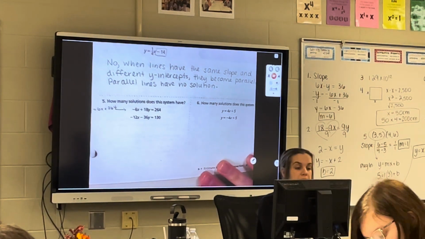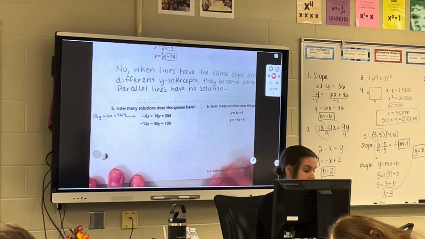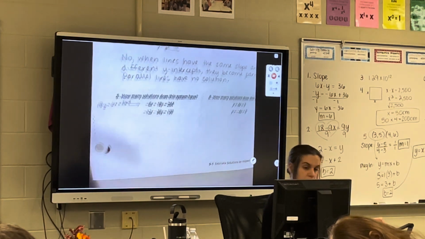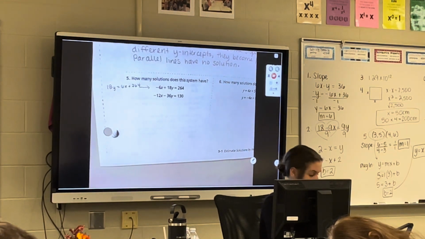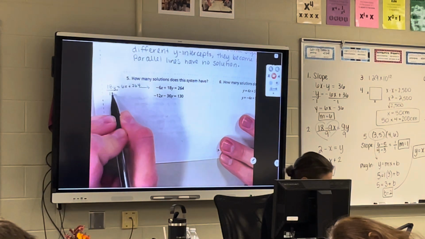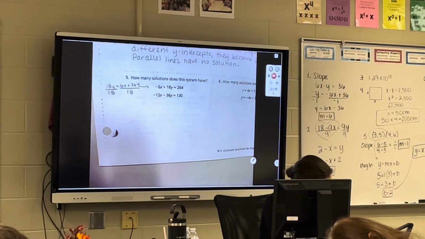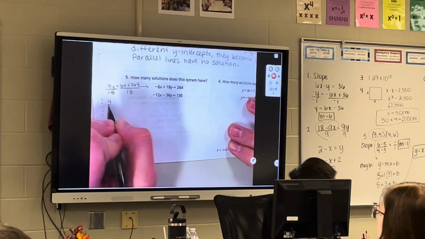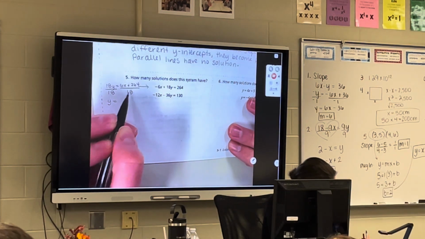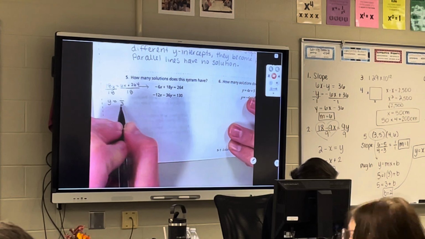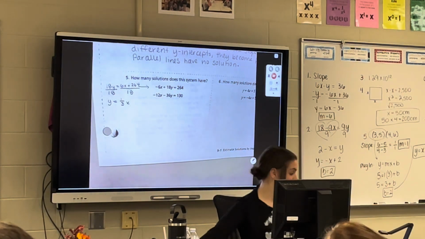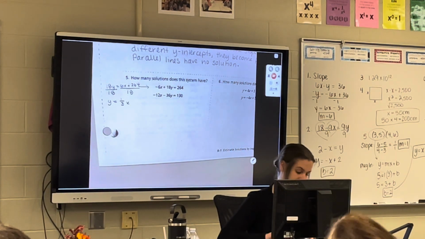Okay, Wyatt, what do I do now? Divide the 18 on your side. Good. Okay, when I divide it, I'm gonna get y equals 6 over 18 is 1/3 x, and then 264 over 18.